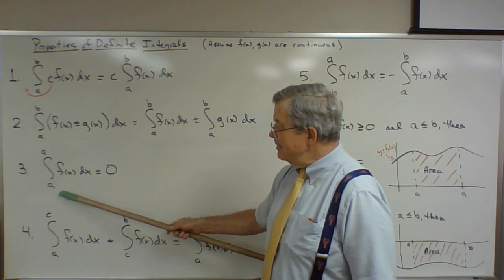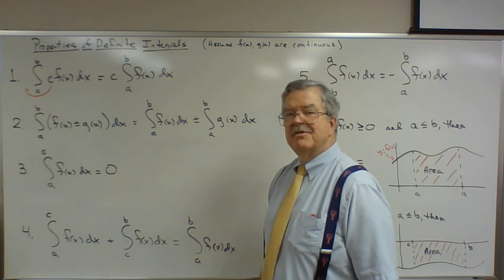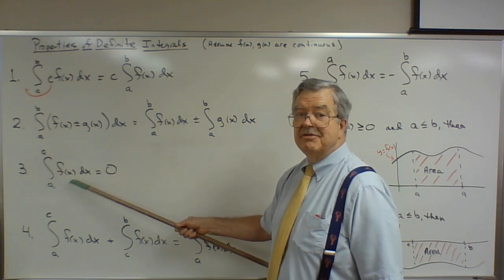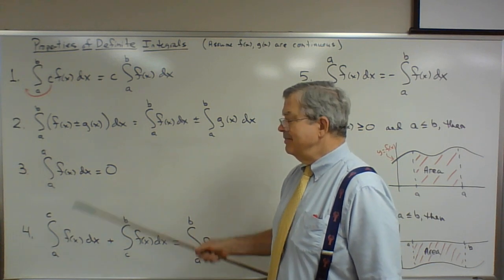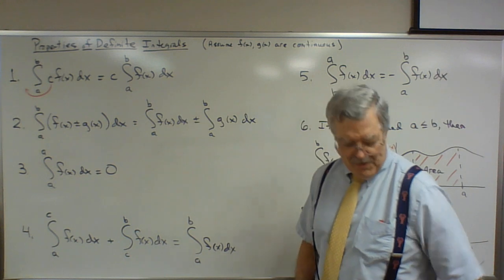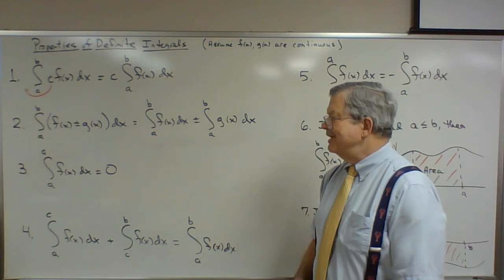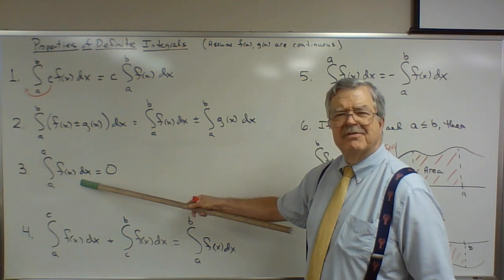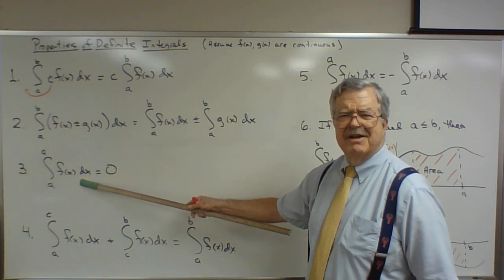But if the lower limit and the upper limit of the integral are the same, and f of x is a continuous function, this thing's just going to be 0. I know, you're all shocked, right? Well, it's one of those things that I have a feeling it may just be helpful for us to acknowledge this ahead of time.